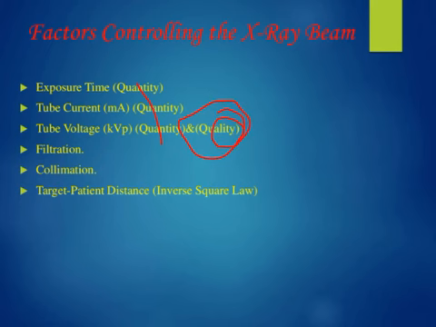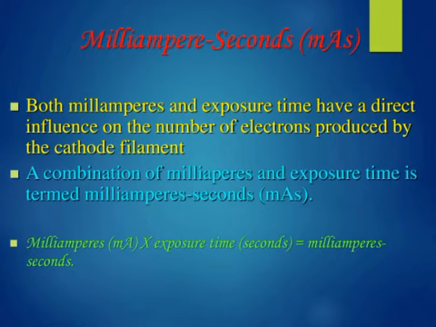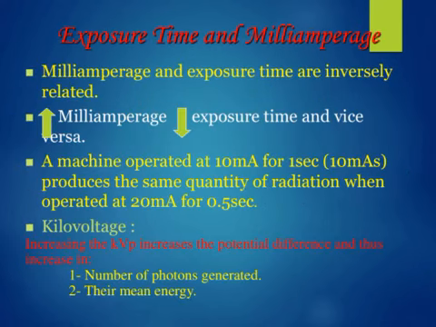Okay, so to summarize this part and make it more understandable, just remember that when you increase the milliampere, you increase the current in the circuit, because more X-rays are produced. Okay, so that is the relation between milliampere and second.